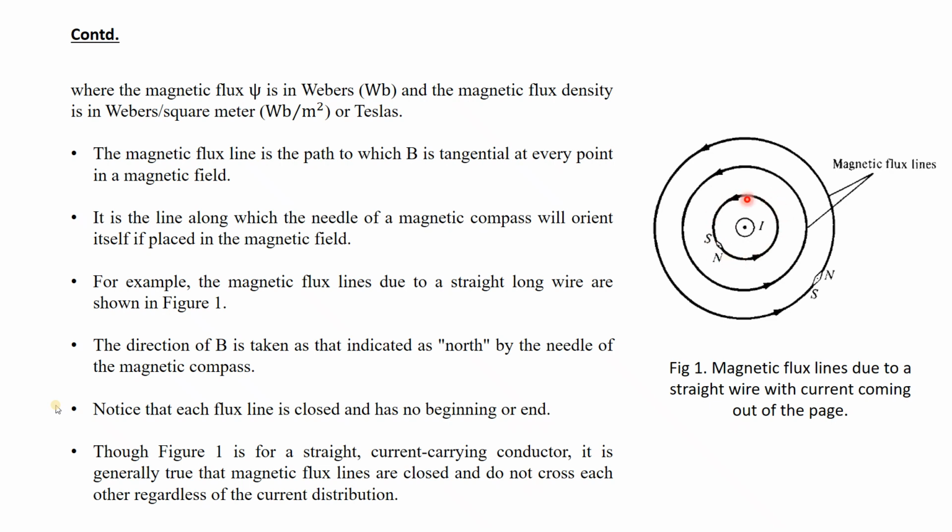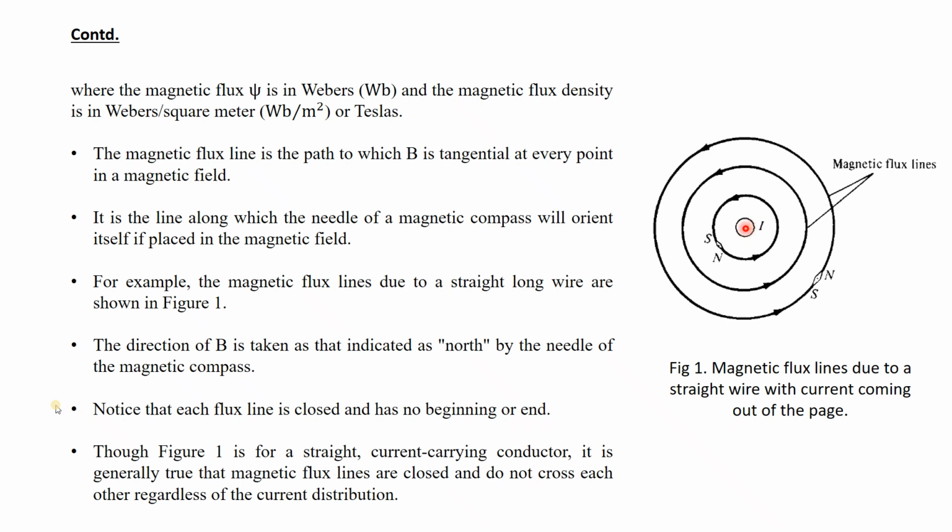So this is not actually a bar magnet. It is representing a bar magnet, but what is creating this magnetic field? This particular current-carrying conductor.